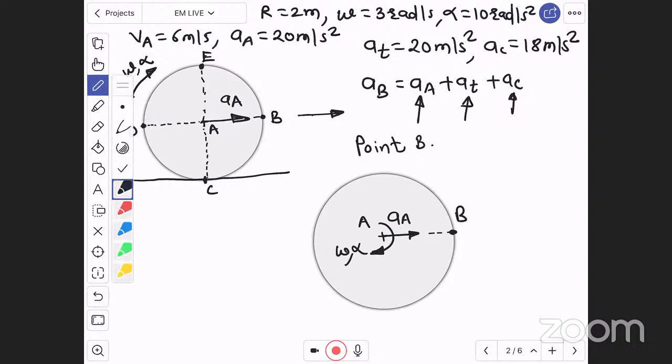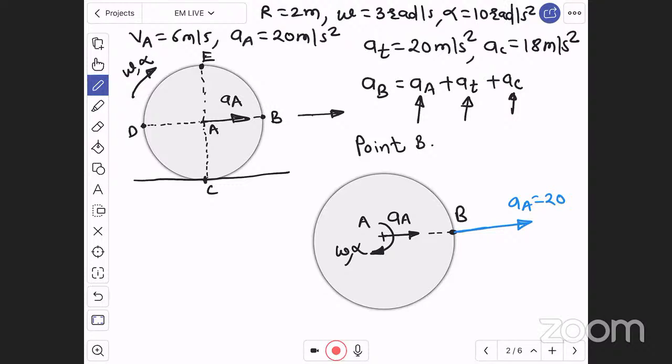Now for this point B, acceleration of A will remain as it is, plus there will be a tangential acceleration in the direction of tangent and centripetal acceleration towards center along radius. So for B, acceleration of A will remain as it is. There is an acceleration of A, which is nothing but 20 meter per second square, right.